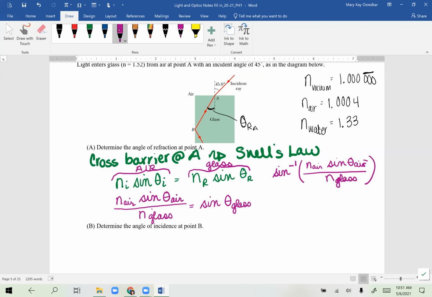Do we like this better than the I's and the R's? If you do, great. If you don't, that's totally fine too. Anyway, so theta would equal the inverse sine of 1.0004 sine 45 over N for glass, which is 1.52 on this one.